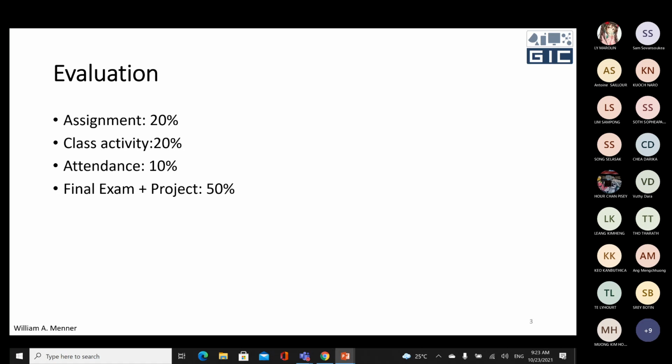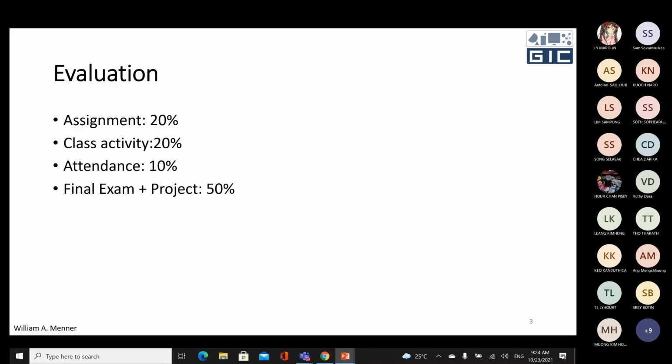The score for assignments is 20% of your total score. Class activity: as you know, in my class I focus on the way you interact and work as a group inside class, and also on the interaction in Q&A sessions. So I give priority to class activity, which is 20%.